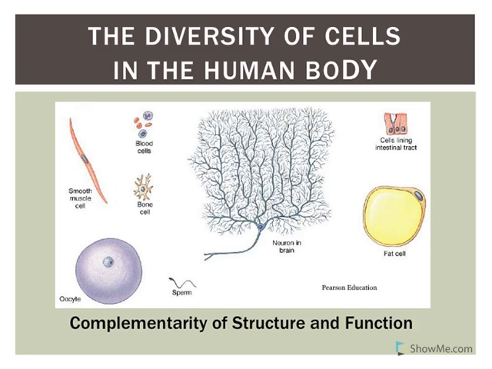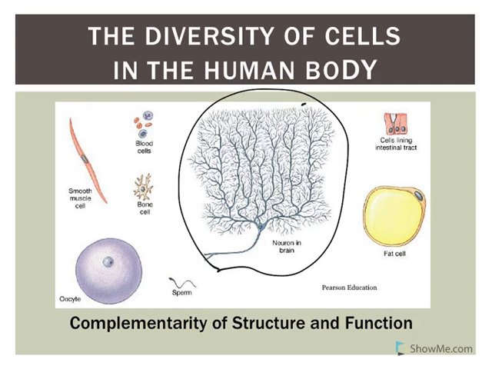So remember, the function of something follows its form, its structure. Here are neurons in the brain. They have a lot of these processes called dendrites, and they receive a lot of information. And the neurons have these axons, which then transmit that information to other neurons or other structures.